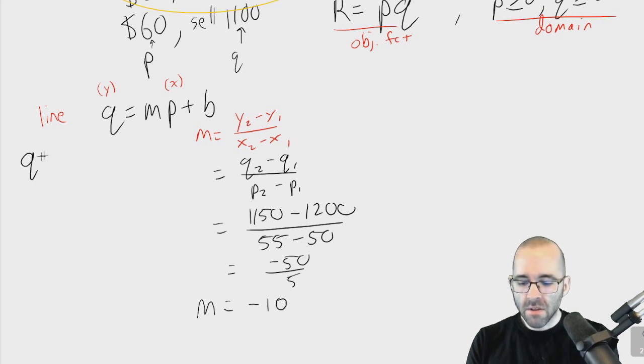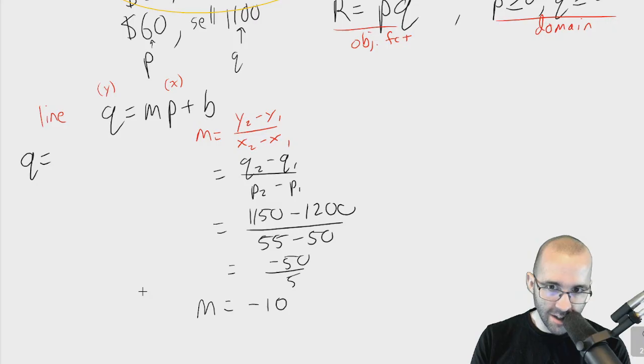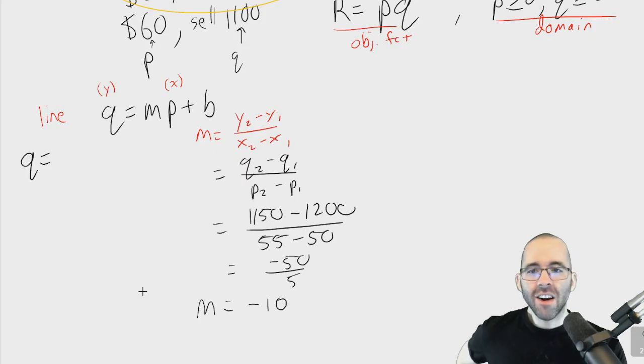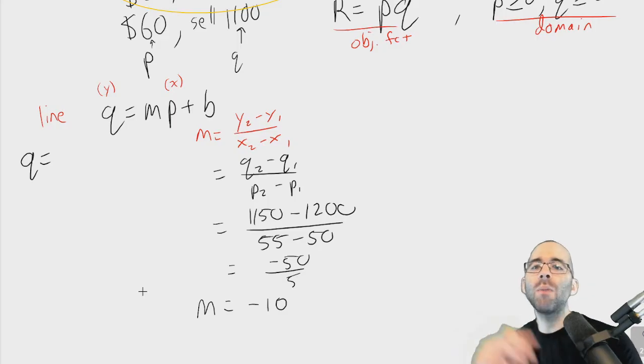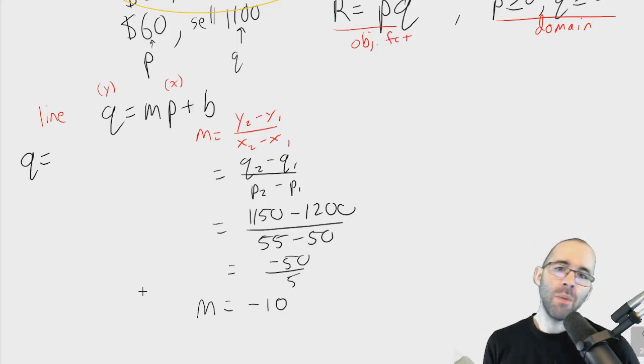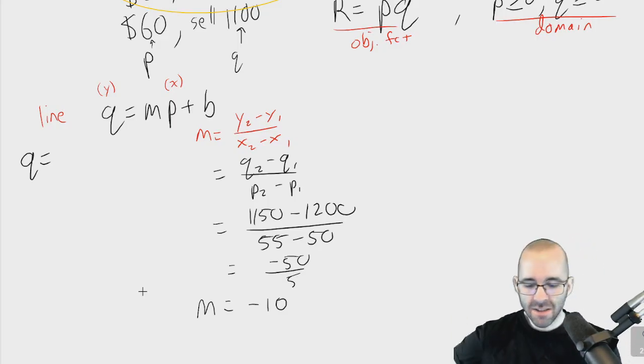Okay, so notice our constraint equation is getting a little involved, a little difficult to find, but we're making progress. Our constraint equation, our line, our demand equation, the relationship between how much we can charge and how many people will buy the tickets, we now have the slope.